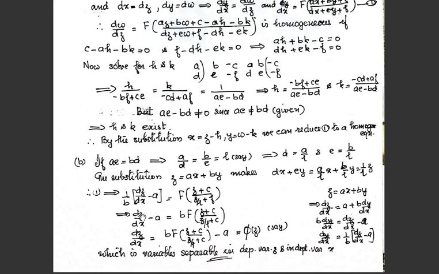So what is dz by dx? It is b into f of (z plus c) by (z by L plus f) plus a.